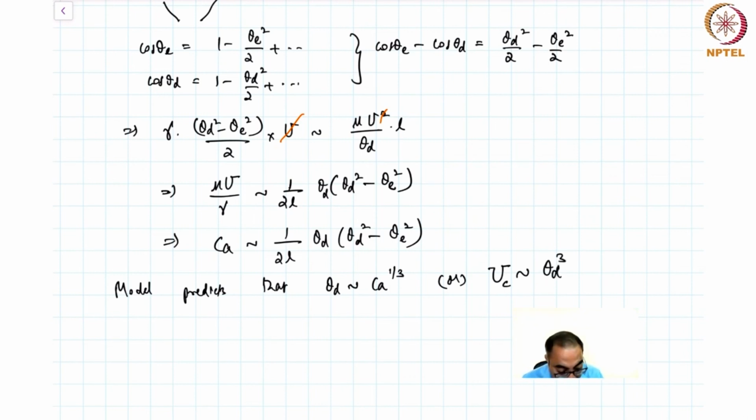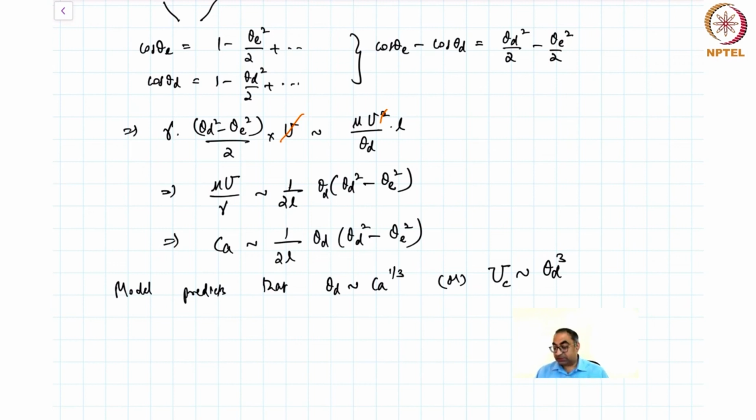So this model of course is valid when theta d is very small, but it makes at least the prediction that experiments have observed, that theta d goes like capillary number to the power 1/3.